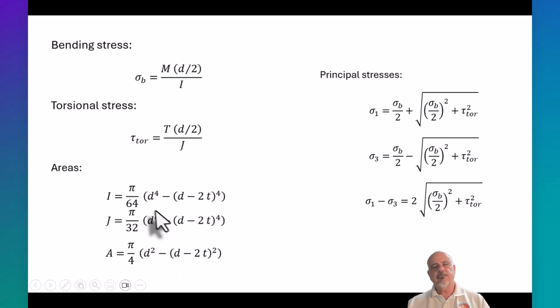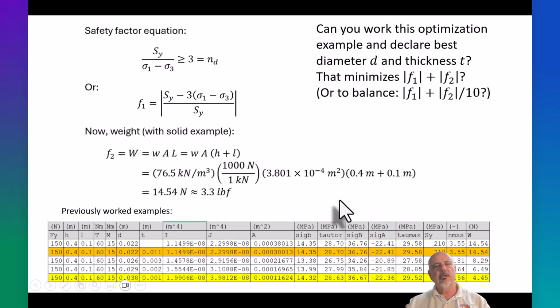So I've got my equations for second moment of area, polar second moment of area, and then area. Pretty straightforward. And then I can get my principal stresses pretty easily. Sigma 1 minus sigma 3 is going to be 2 times the square root of half of sigma b squared plus tau tor squared. So very straightforward to get my numbers here. And then the idea: I'm going to have two functions here. I'm going to look at this right here.